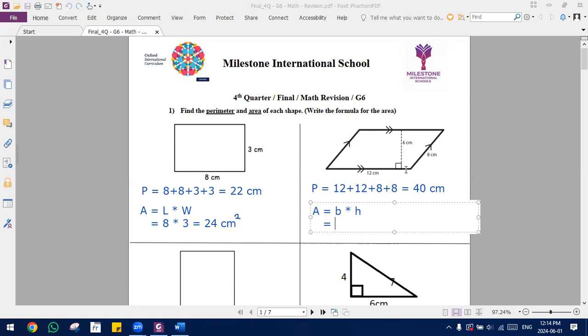So this is the base and this is the height. So we say 12 is the base times 6 is equal to 72 centimeters, and then we should add the square. So 72 centimeters squared.